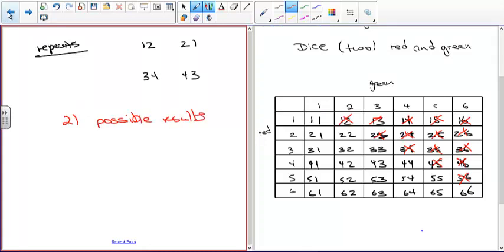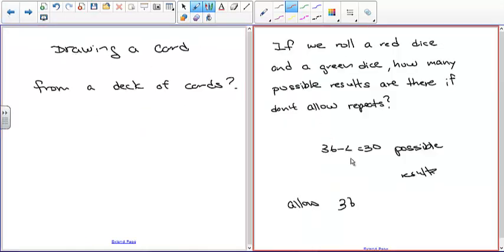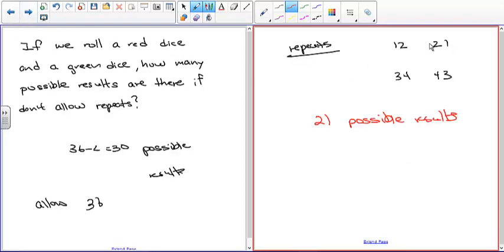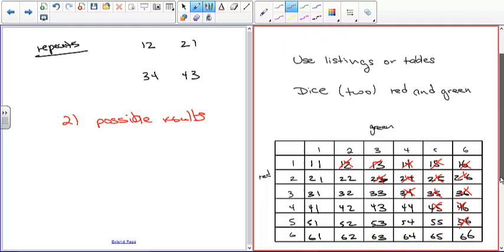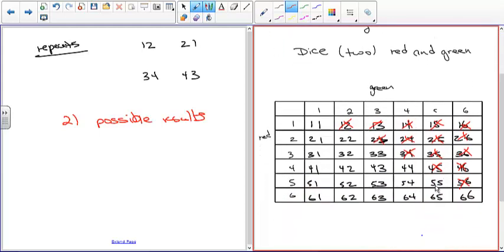So what we did here is we said repeats were 1, 1, 2, 2, 3, 3, 4, 4. If you define repeats as the same numbers but in a different order, then you would have 21 possible results. But it all went back to the original table, which listed all the possibilities.